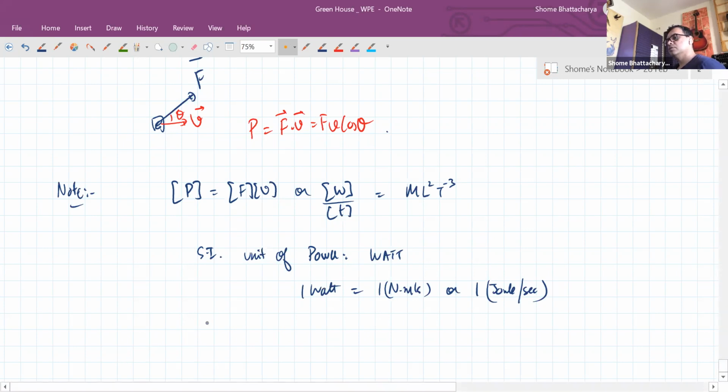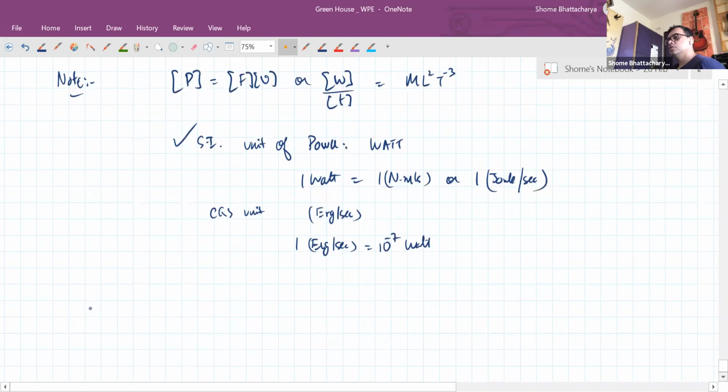And CGS unit is erg per second. But SI unit is the more important one.